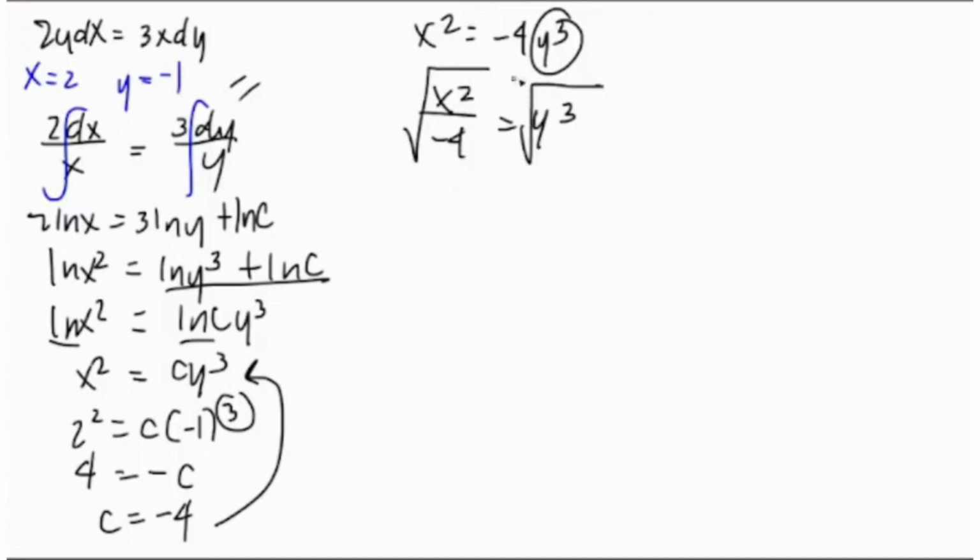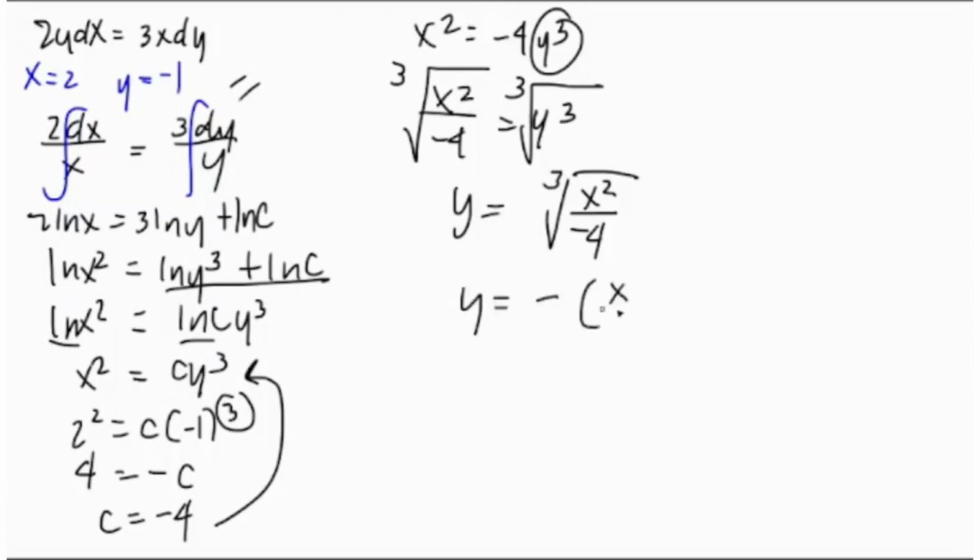So, i-cube root na natin tong dalawa. Tapos, magiging y is equal to cube root x squared all over negative 4 cube root. So, magiging y is equal to negative x over 2, 2 over 8 raised to 2 over 3. So, yan na yung final answer natin.